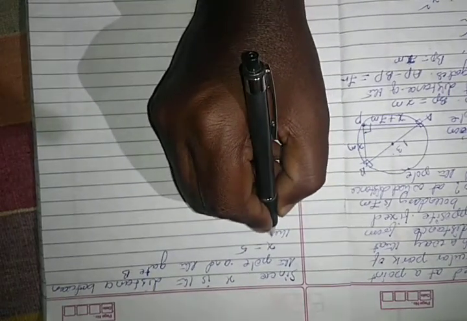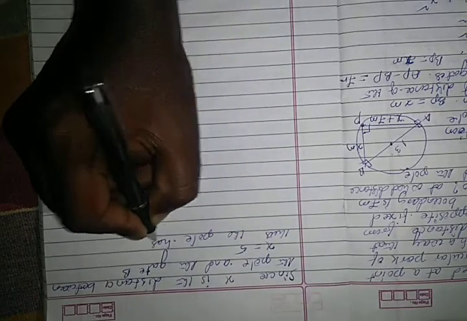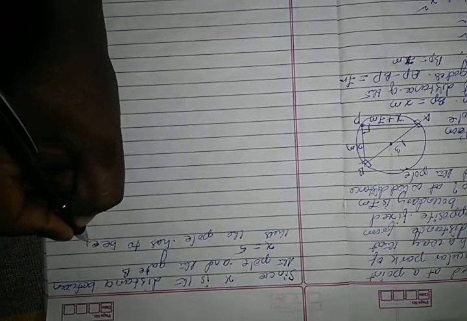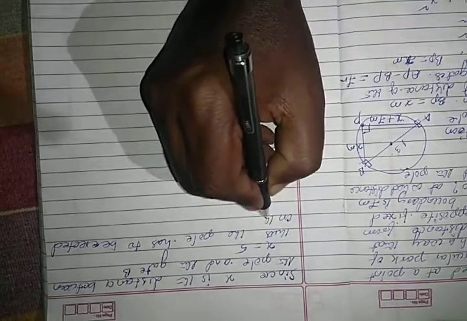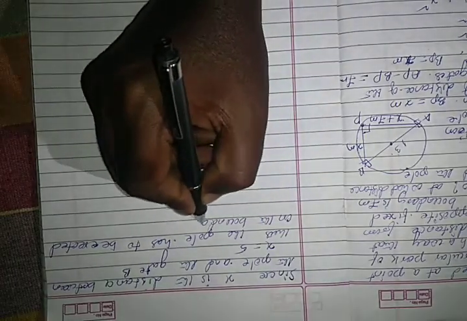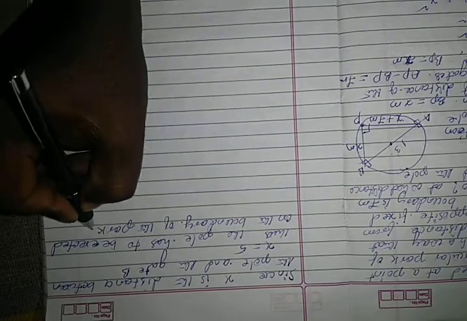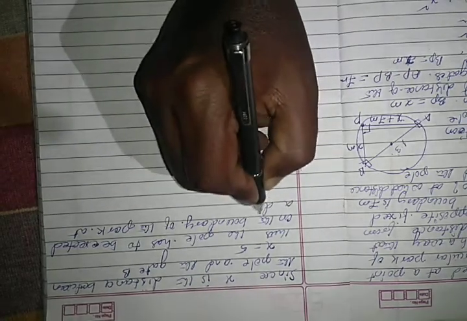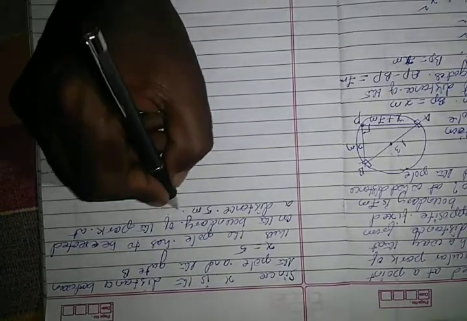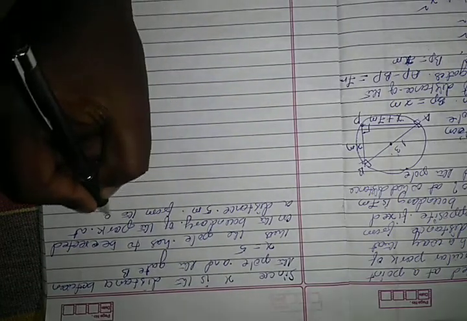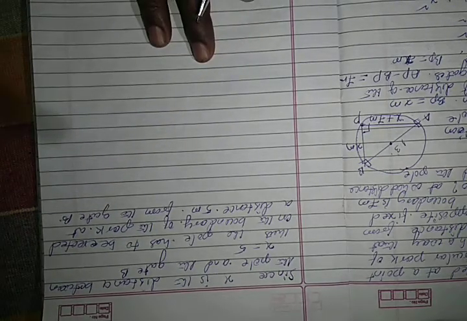Thus, the pole has to be erected on the boundary of the park at a distance 5 meter from the gate B. And what is the distance from the gate A?